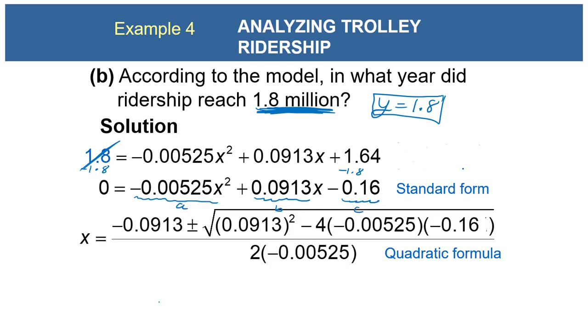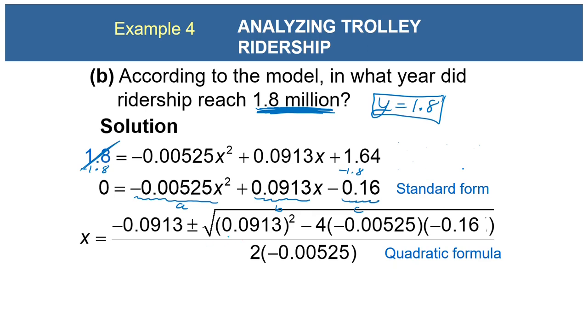Plugging in everything into the quadratic formula, we have negative 0.0913 plus or minus the square root of 0.0913 squared minus 4 times negative 0.00525 times negative 0.16, all over 2 times negative 0.00525. Now be careful when you do this.